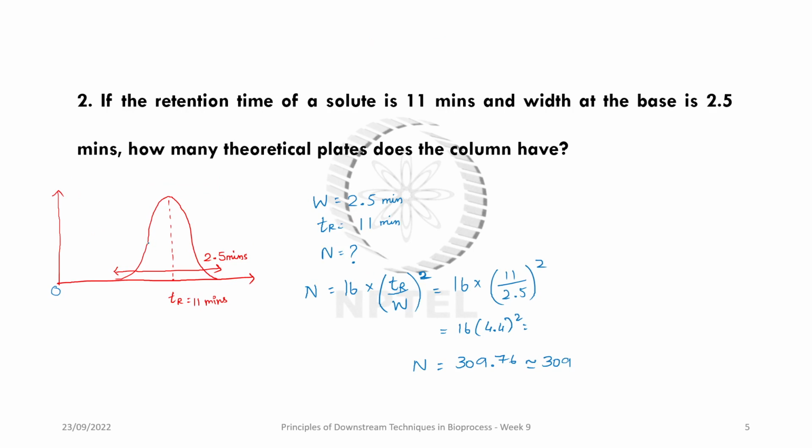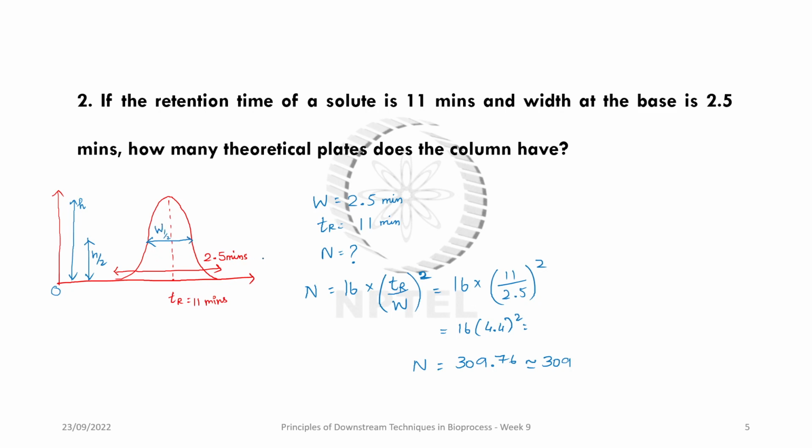So in this question, if this entire height was h, then at say h by 2, what is the width at half maximum?